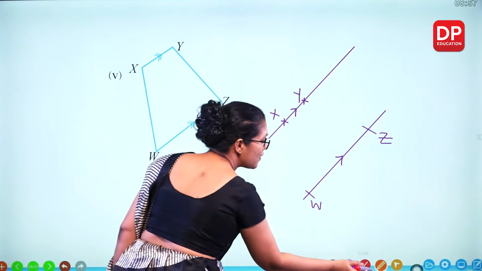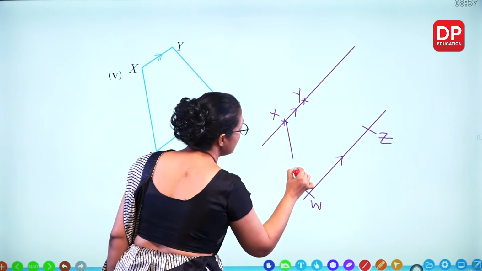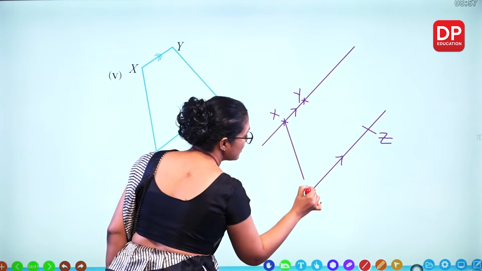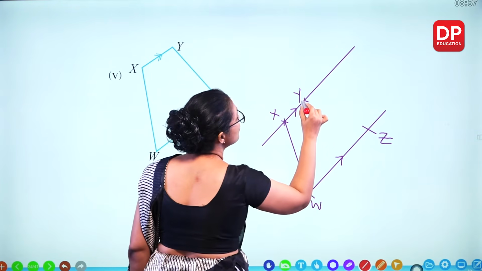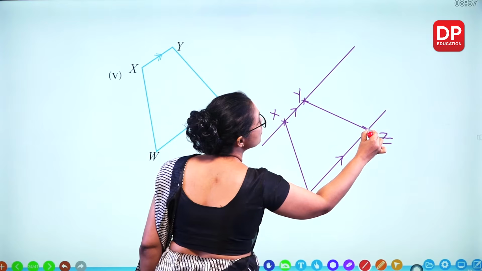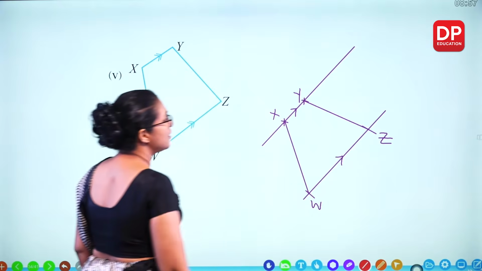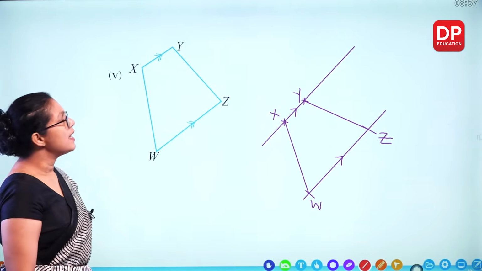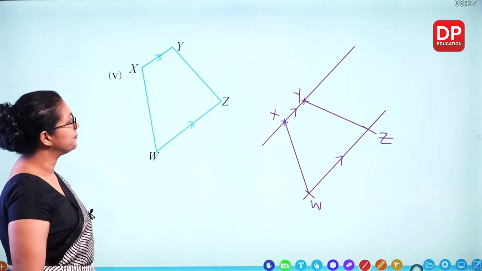And now take the ruler and connect these 2 points, here to here and here to here. Now we see XYZW is a trapezium.